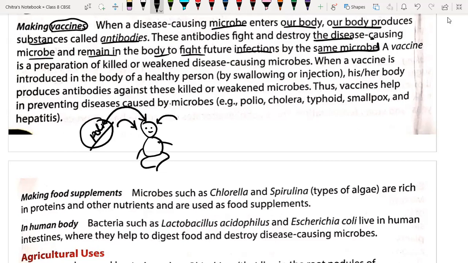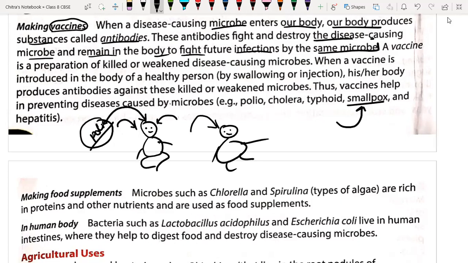Again, if we discuss chickenpox, the pox virus, smallpox. See what happens generally when medicine is given against smallpox or the pox virus. Suppose here again we have a child who is suffering from the pox virus, and suppose we have given medicine to that particular child suffering with smallpox.